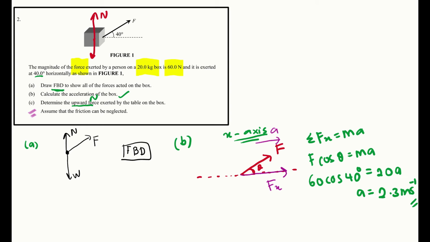Determine the upward force. So we want to find normal. So if you can see here, our normal force is actually at the y-axis. Okay, so as you can see at y-axis we have normal and weight.